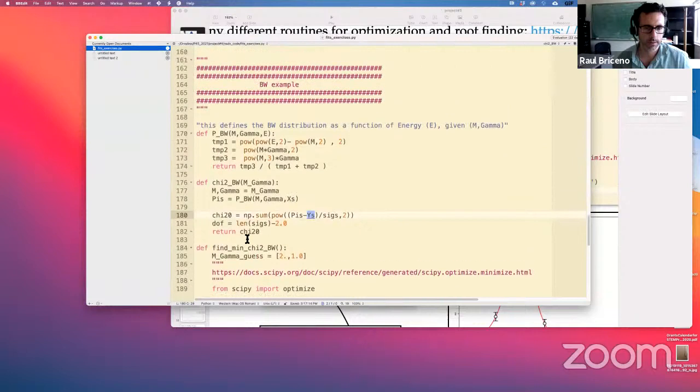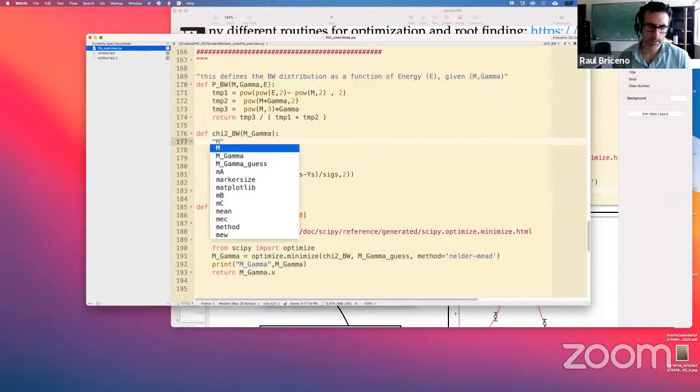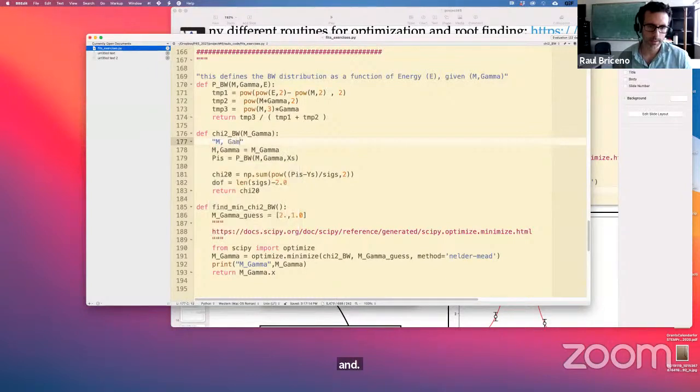Okay. So m and gamma are the mass and width of the state being fitted.